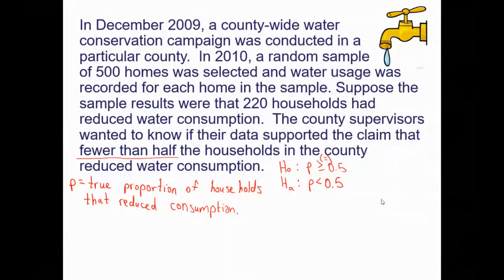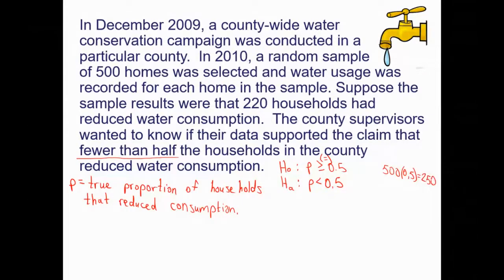Okay, so before we proceed, we need to check our assumptions. Does this come from a random sample? Yes. Is that random sample large enough? Let's see, what is 500 times 0.5? 250.